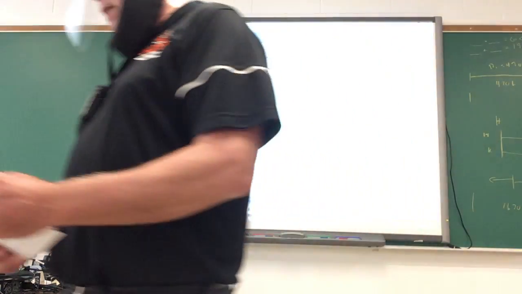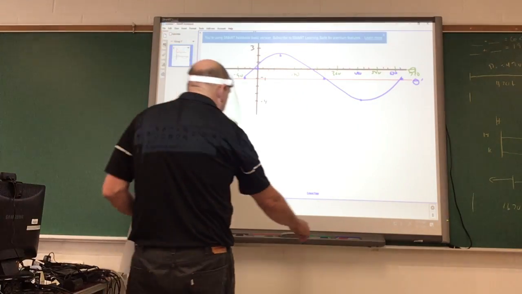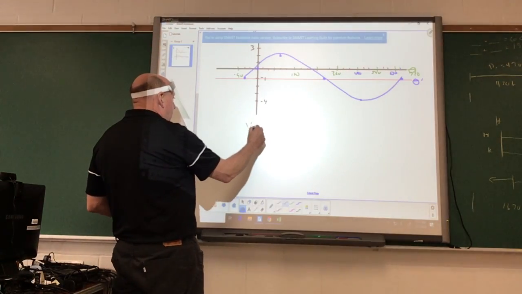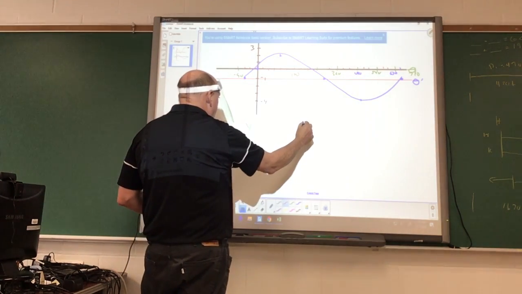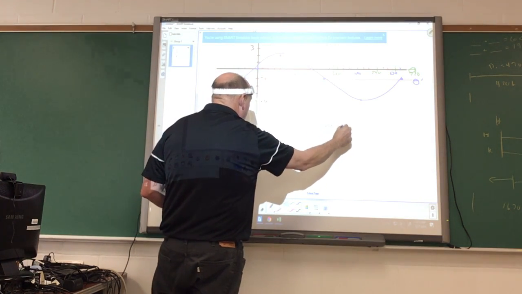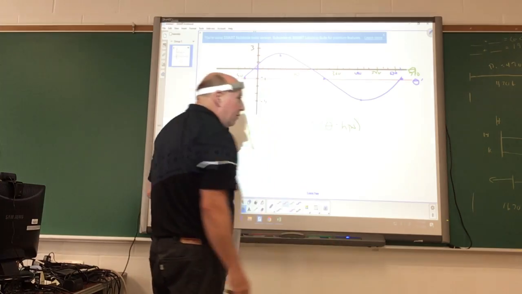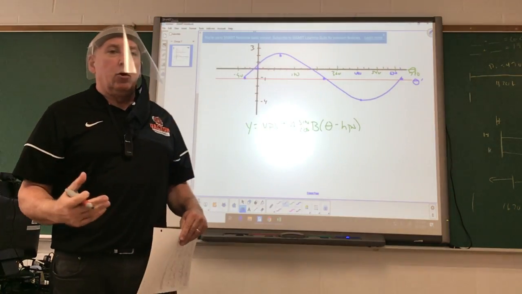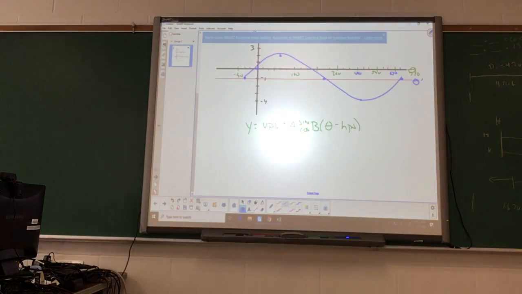Well, let's take a look at this because we have a base equation: y equals vertical phase shift plus or minus the amplitude sine or cosine of B(theta minus horizontal phase shift). I take advantage of this type of problem to review some of your algebraic skills.